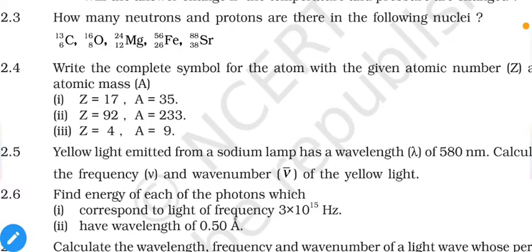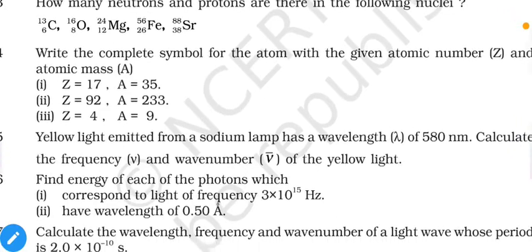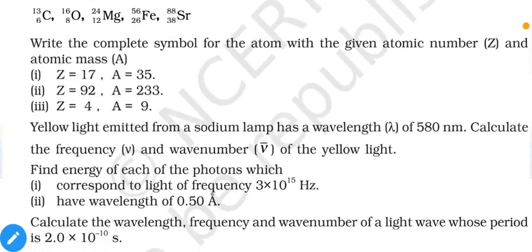Now let us move on to the next. Write the complete symbol for the atoms with the given atomic number Z and atomic mass A. So Z is equal to 27 and A is equal to 35. Let us discuss one of them. As mentioned, first is Z equal to 17. We know that the number 17 represents chlorine, so this will be the symbol.